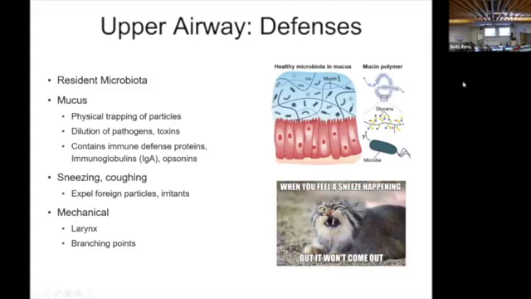Okay. So in the upper airway, your defenses are primarily mechanical. You have a larynx that opens and closes to keep things out. You have branching points all down your bronchial tree, and each one of those is a place where particles can filter out before they go to the next branch. You also have chemical and physiological barriers, such as your resident microflora.